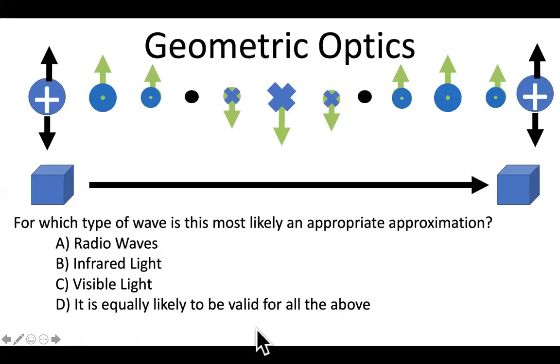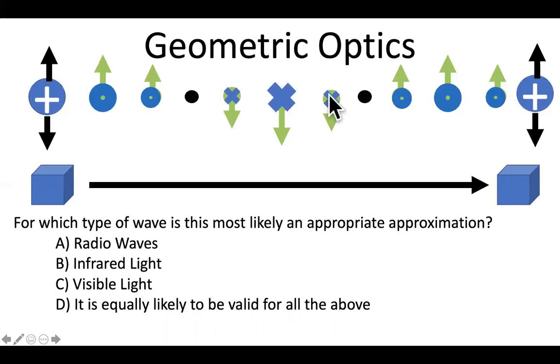Or is it equally likely to be valid for all of these cases? In practice, it turns out that visible light is often a case where this is much more likely to work, just because visible light has the shortest wavelength.